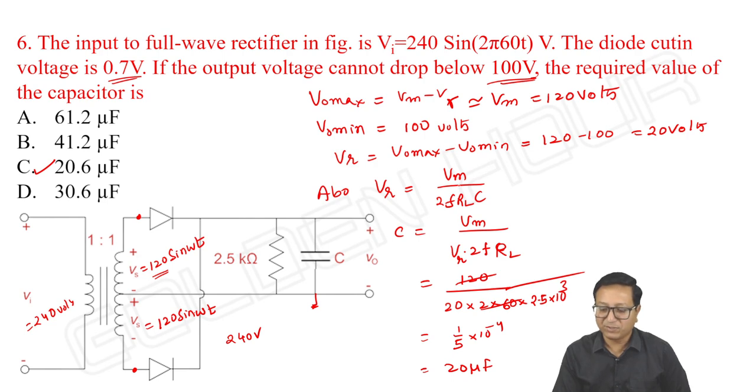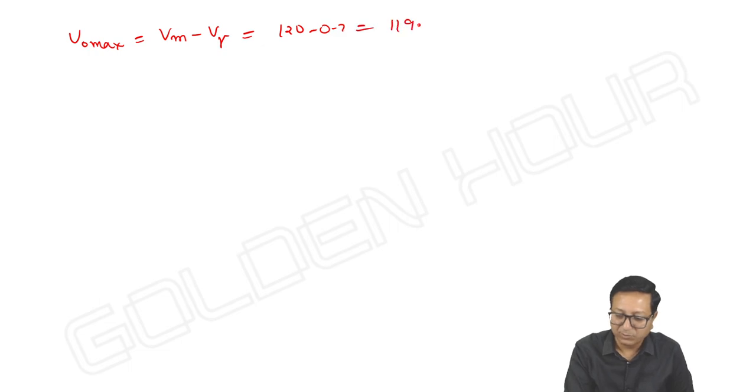It is 120, sorry, Vm minus V gamma here, 119.3 volts, so that Vr peak to peak is equal to 119.3 minus 100, it is equal to 19.3 volts.